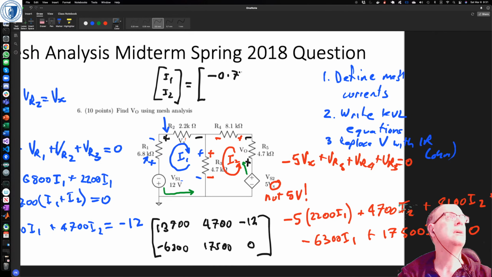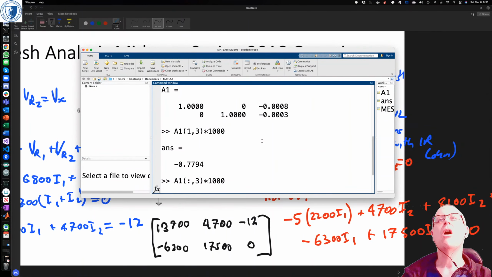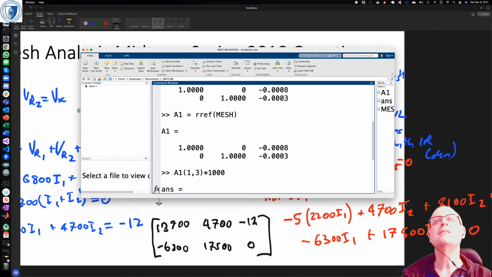Professor, can you explain that last step with the matrix? Because I thought we just had to use RF. I did just use RF. Which last step? The A1 1,3, I wasn't sure what that operation was. Okay. So what I did is I put the result of the RF operation into A1, and the trouble is it'll print it out, but then I can't see more than one significant figure.